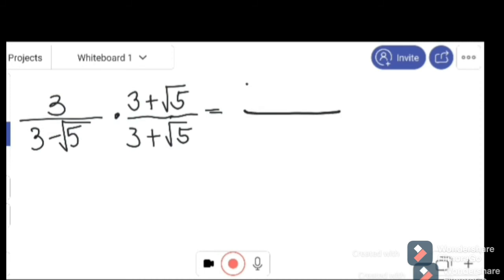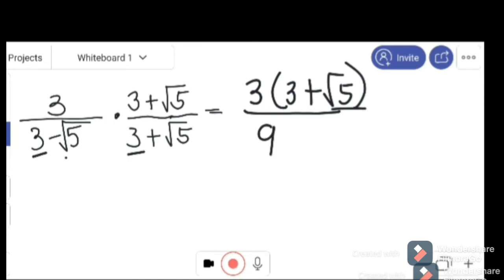So, in the numerator, we have 3 times 3 plus the square root of 5. And in the denominator, we have 3 times 3 is 9. The square root of 5 times the square root of 5 is the square root of 25. Remember, we are applying the sum and difference of two binomials. So, negative times positive is negative.